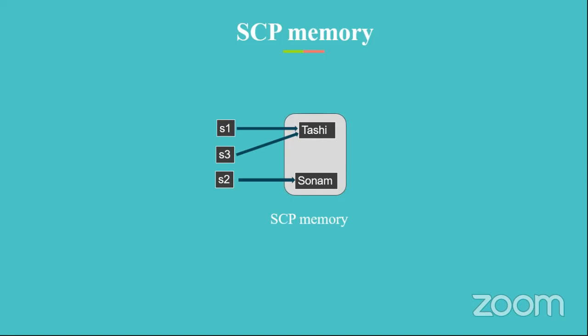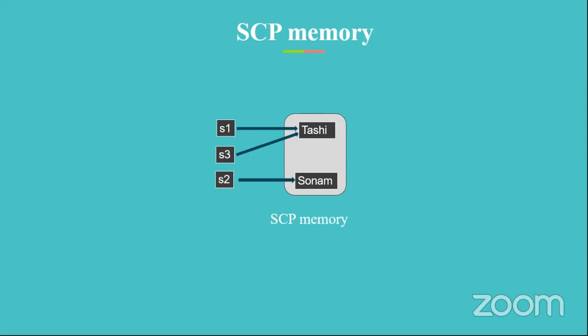Okay. Now this is regarding the object creation without using the new keyword. So if you are creating the object without using the new keyword, then the objects are created in the SCP memory, where the point that you have to remember is in SCP memory, it is always checking if the previous object is present or not. And another point that you have to remember is SCP, that is string constant pool, does not allow duplicate objects.